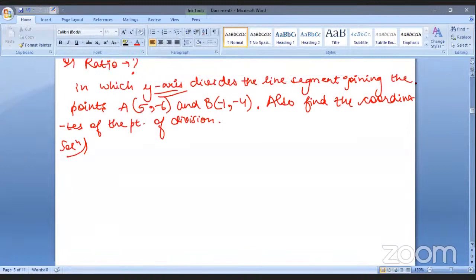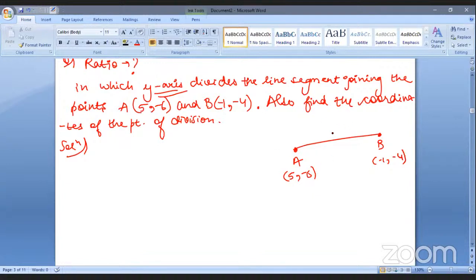I think it's very simple. A (5, -6), B (-1, -4). The ratio in which the y-axis divides.